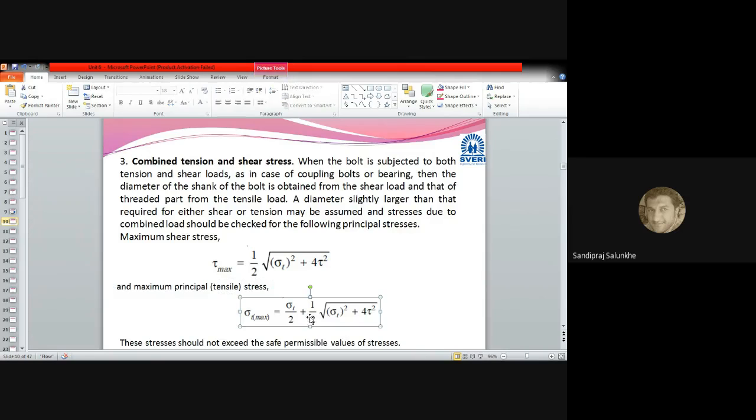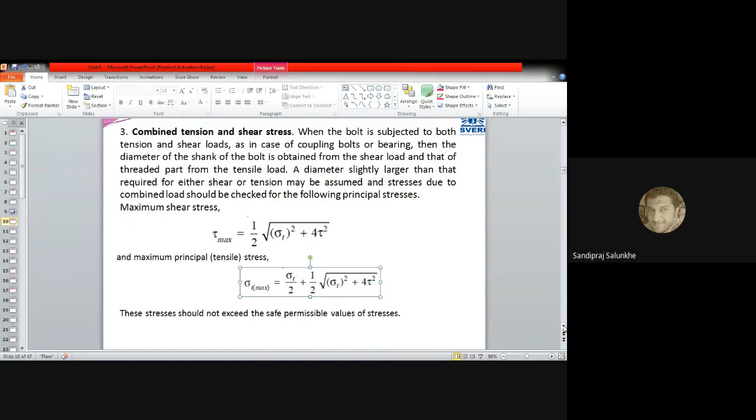So the maximum principal stress is given by tensile stress by 2 plus half under root tensile stress square plus 4 times shear stress square. These two formulas we have already derived, we have seen in chapter number 1.